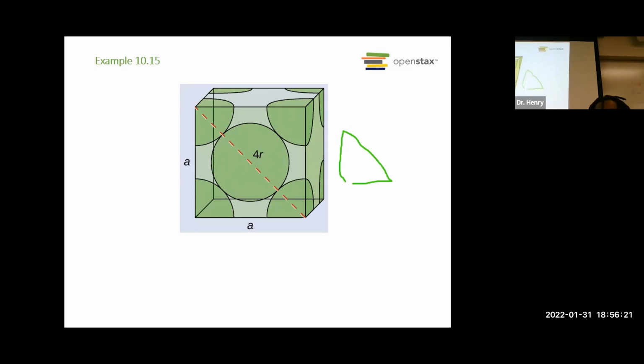This would help us calculate the distance from an atom to an atom. If we want to calculate the radius of the atom itself, we'd use these types of measurements.